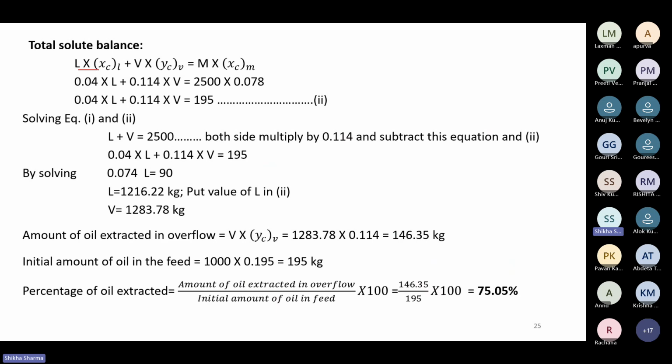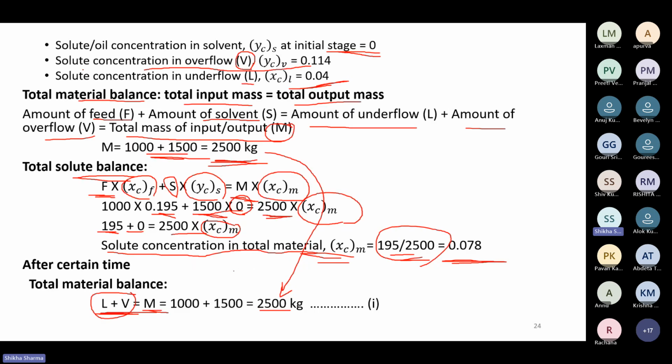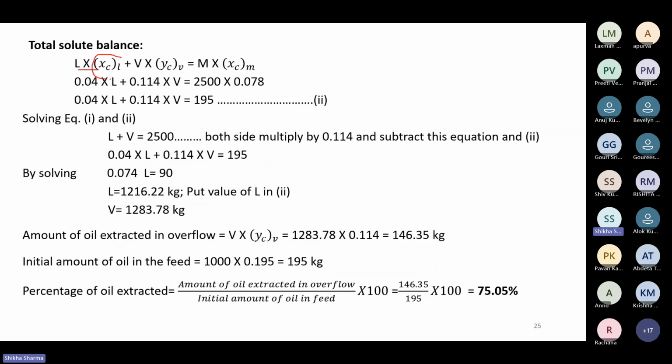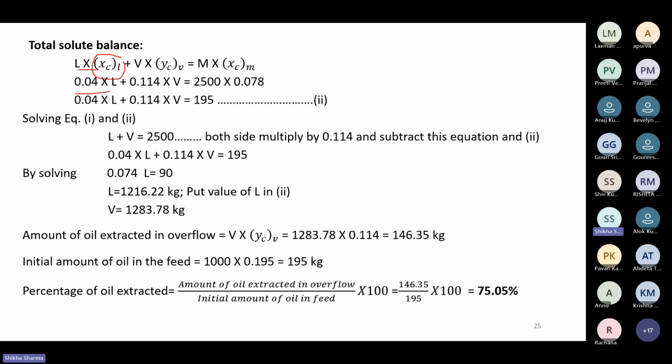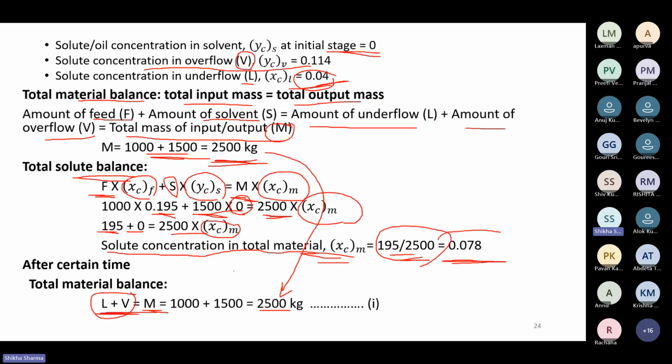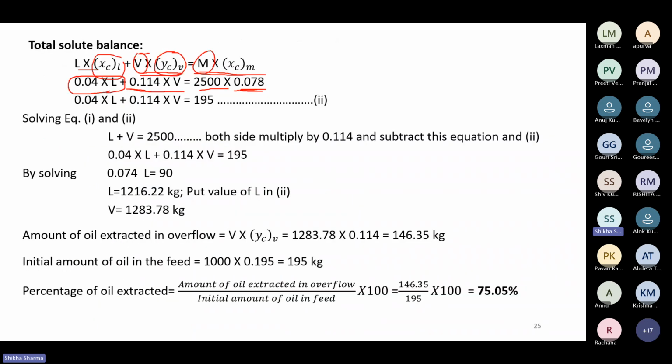As per the total solute balance, L, the amount in the underflow, times its oil concentration, which is given in the question as 0.04, so 0.04 times L, plus V, the amount in the overflow, times its solute concentration 0.114, so 0.114 times V, equals the total mass M, which we calculated as 2500, times the solute concentration in the total material, 0.078.